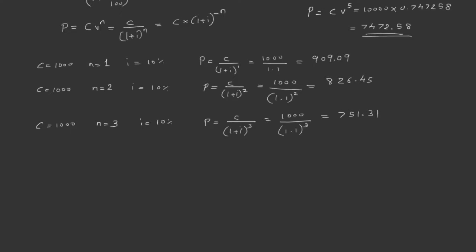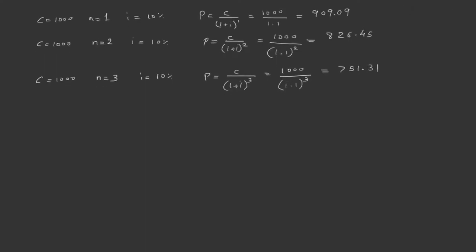You need to prefer that which gives more or high present value. So if one person offers you 1000 rupees after 1 year and another person offers you 1000 rupees after 2 years, which one will you automatically prefer? You will prefer 1000 rupees after 1 year.